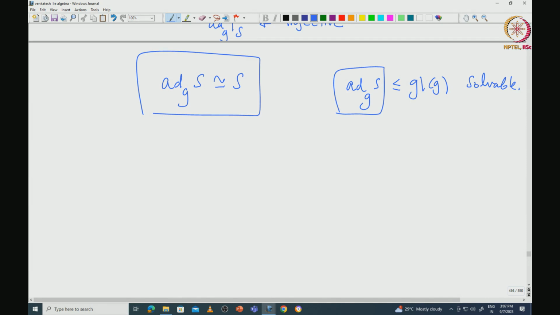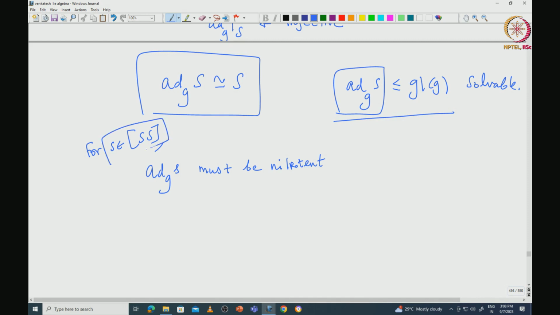In particular, if we take any element ad of small s with respect to g, where s is coming from the derived algebra of S, then this ad s must be nilpotent. We use the same basis that we have fixed, so that all the elements of ad S look like upper triangular.